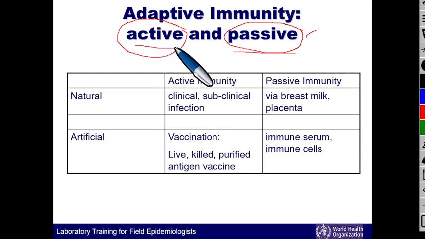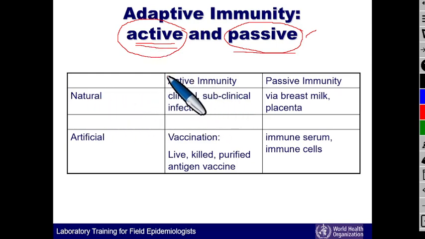Whereas in active immunization, the antigen is introduced into the body, and in response to the antigen, the antibody is produced by the recipient. So here the recipient's body takes part actively in the production of antibody.